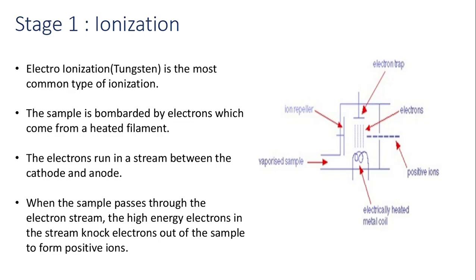When the sample passes through the electron stream, the high energy electrons in the stream knock electrons out of the sample to form positive ions. So the vaporized sample will enter, and an electrically heated metal coil is there. Then ion repeller, positive ions, electrons, and electron trap are shown in the picture. This is stage 1, that is ionization.